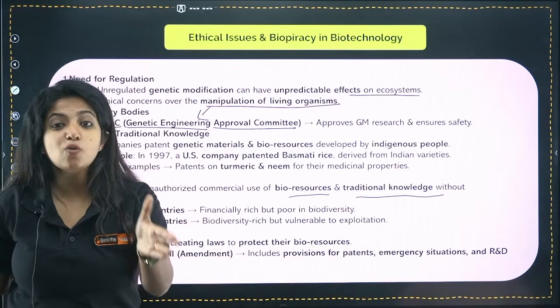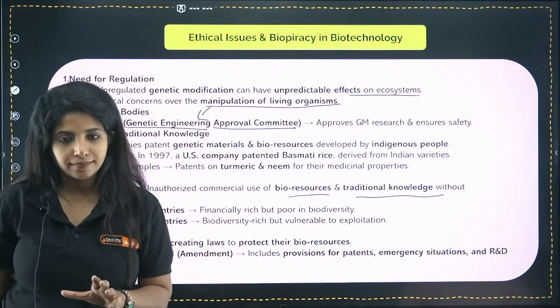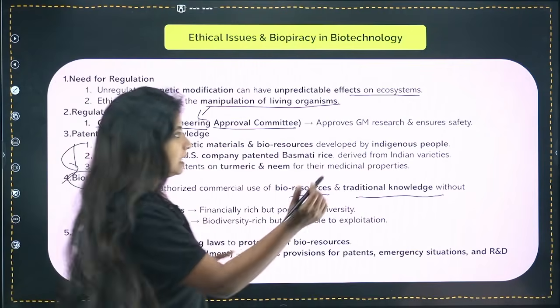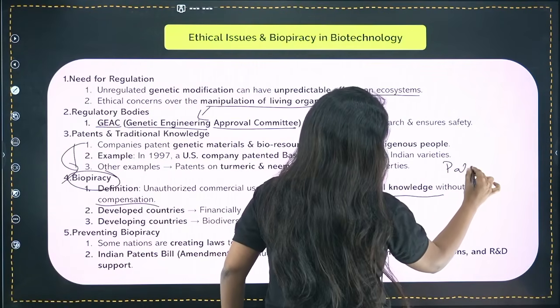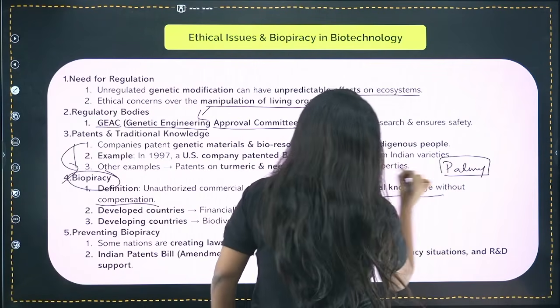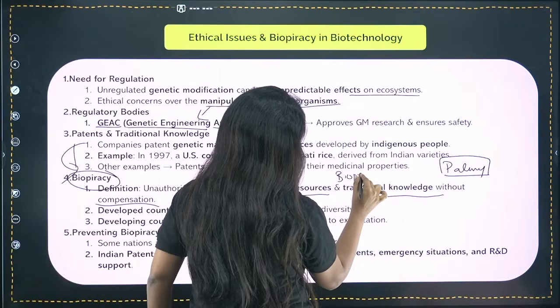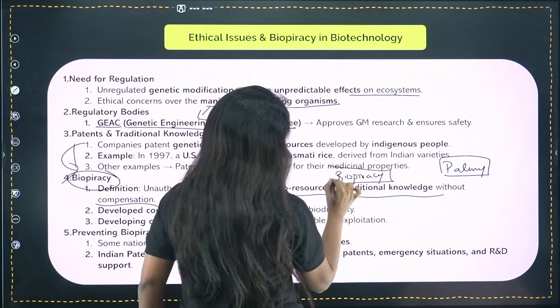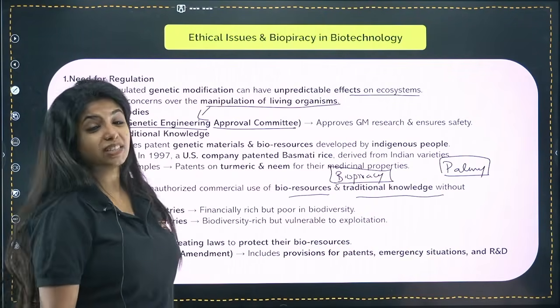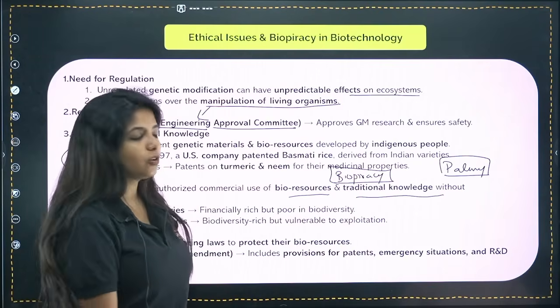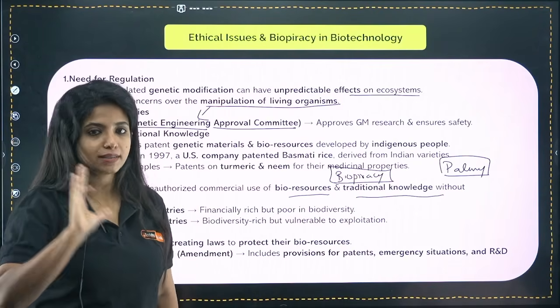Okay, got it? So patency is different. Patency is like you're getting a right for something, and biopiracy is when you're doing it unethically. When it is unauthorized, you call this biopiracy.